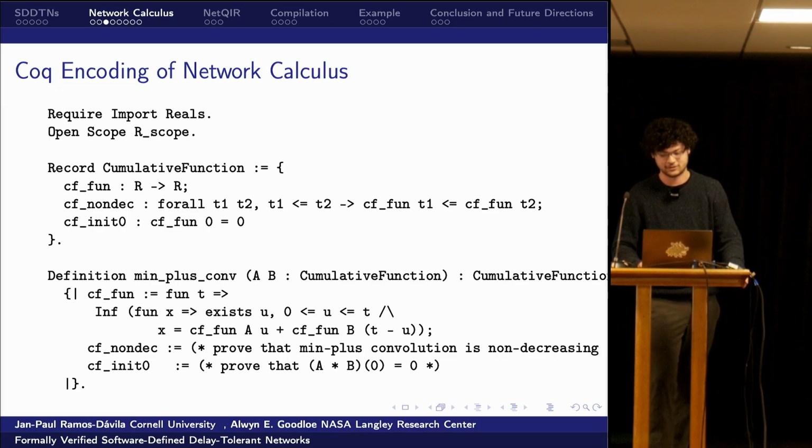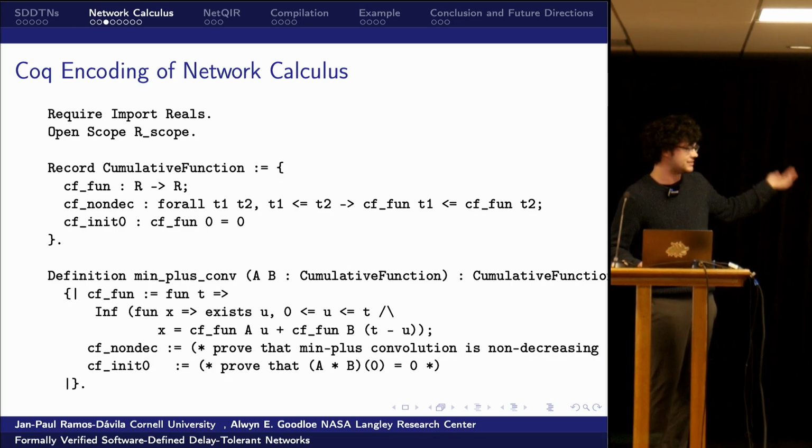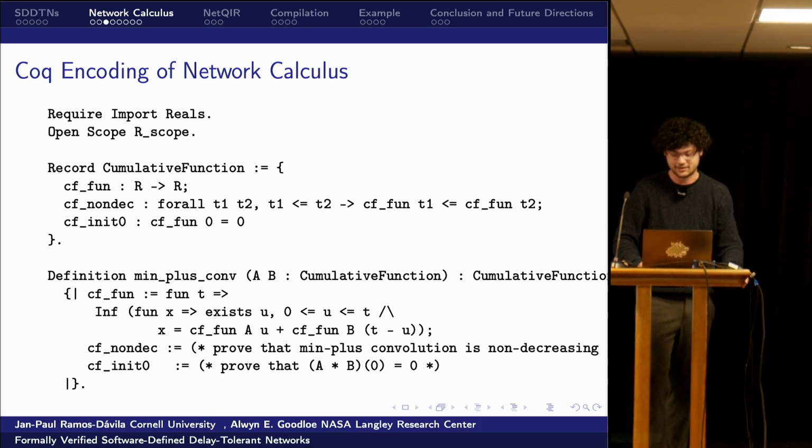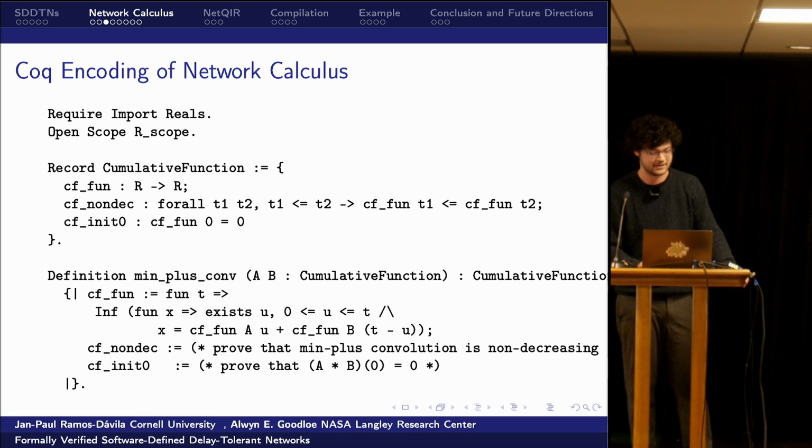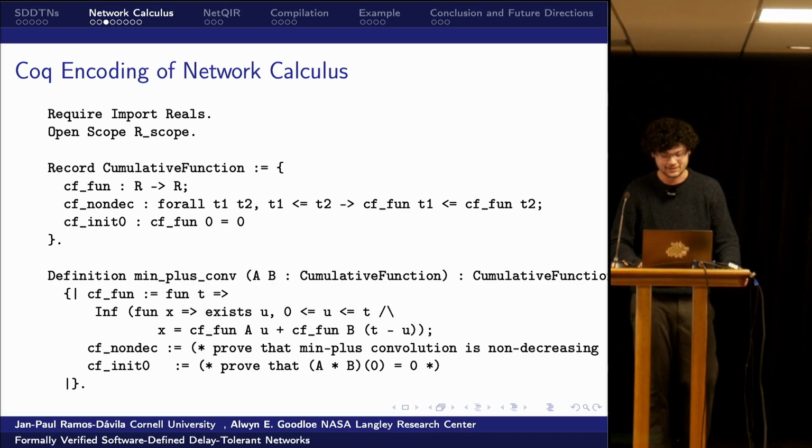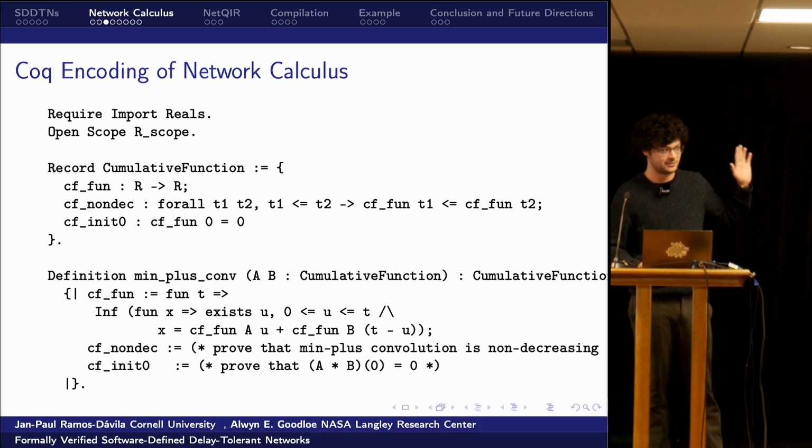So this is just a sketch here for the proof that A of t never decreases as the time t increases. And we also have some proof that A of 0, for time 0, equals 0. So these are just some basic proofs to be able to give some abstract guarantees about an arbitrary network that would use this calculus.